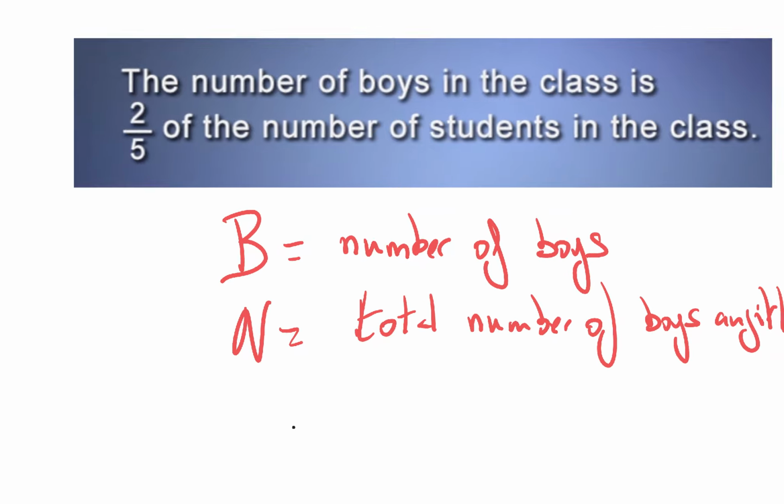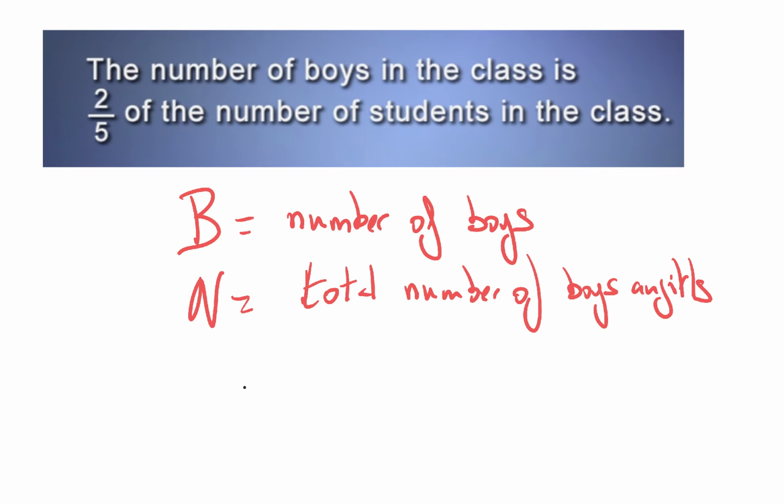Okay. So the problem says the number of boys in the class, B, is 2/5 of the total number of students.